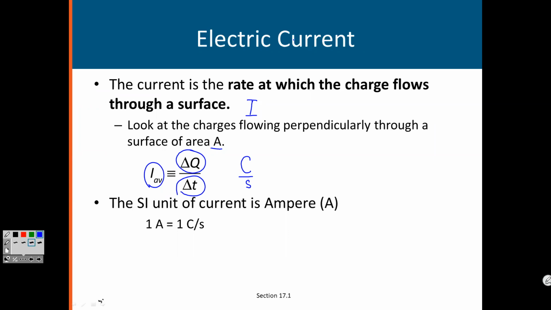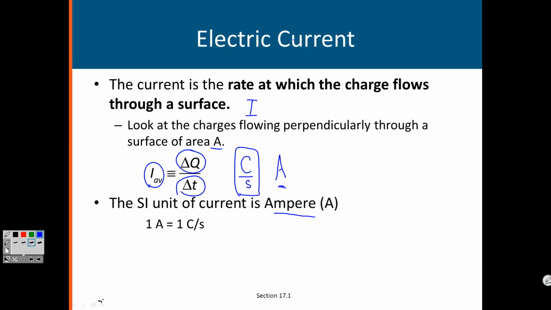But as always, we don't want to say too many units, so we call this the ampere, after a certain scientist who worked on electricity, whose name is Ampere. The symbol is A.